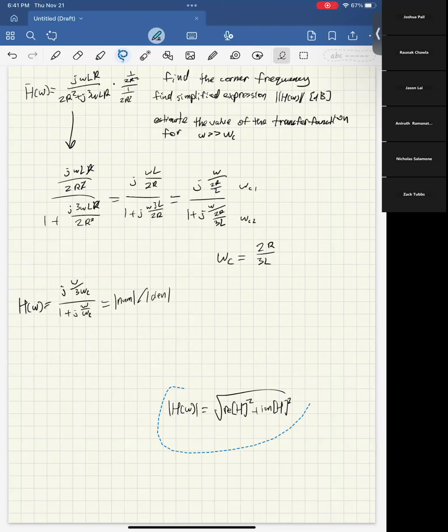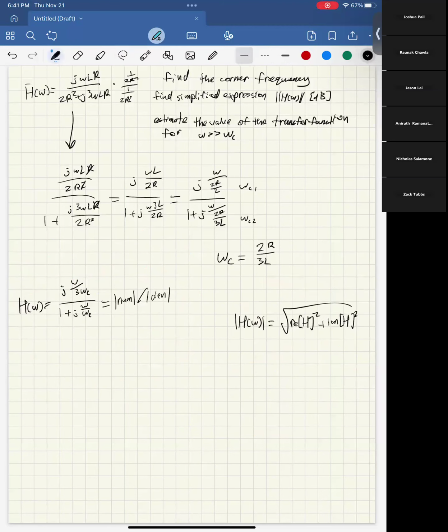So we have this, right? And then the log of the magnitude of H omega would be equal to the log of the magnitude of the numerator minus the log of the magnitude of the denominator, just by logarithm rules.